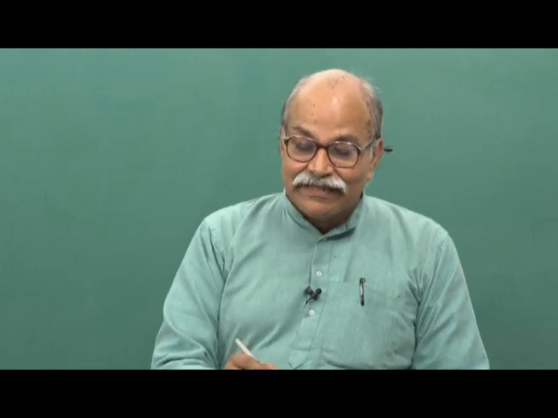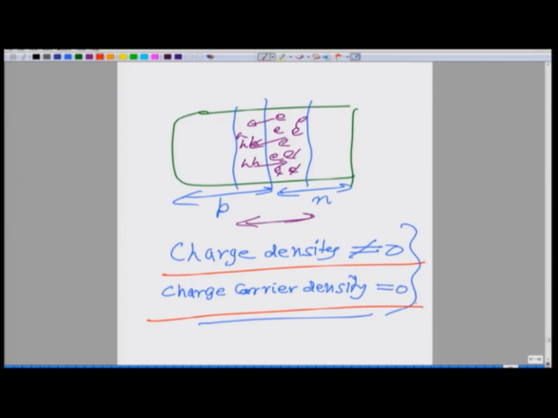So charge carrier densities are increased or decreased, but the charge density is 0. Now, what I am telling is opposite. In this region, the charge density is not 0, but the charge carrier density is 0. There are no electrons here, no holes here, because they have all recombined.